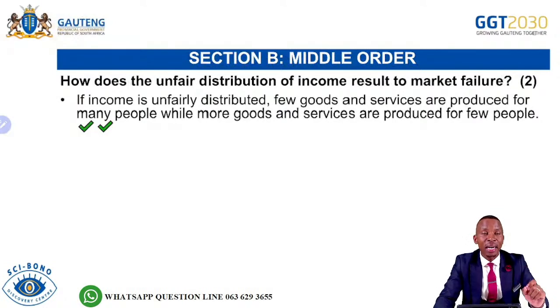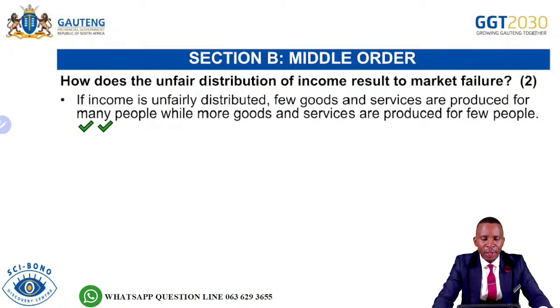More income and wealth is distributed to very few people, and less income is given to many people. That simply means more goods are produced and given to few people, and fewer goods are given to many people. That will lead to market failure, because the goods will only be produced for those who can afford. Those who cannot afford will not access goods.